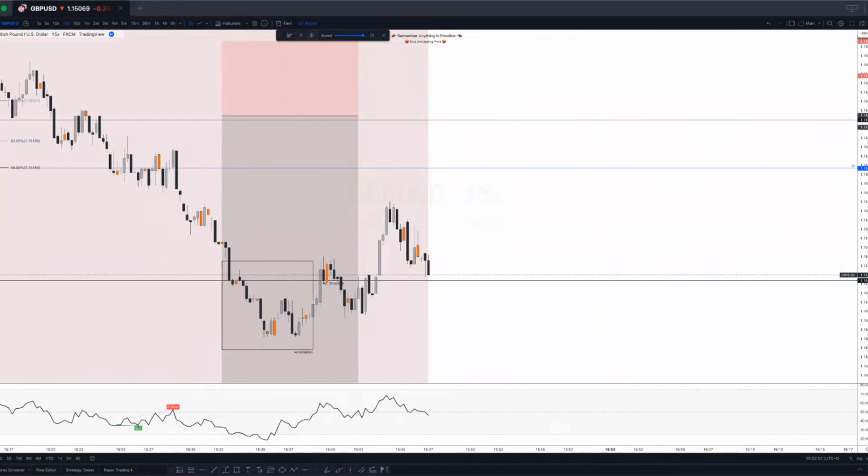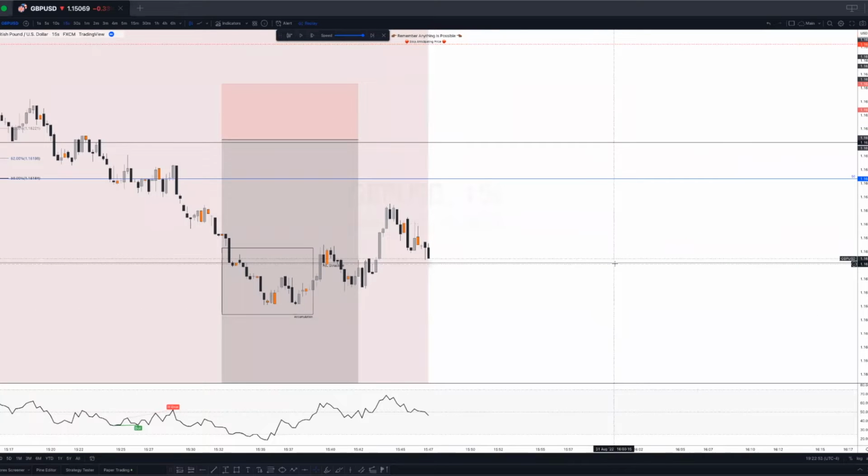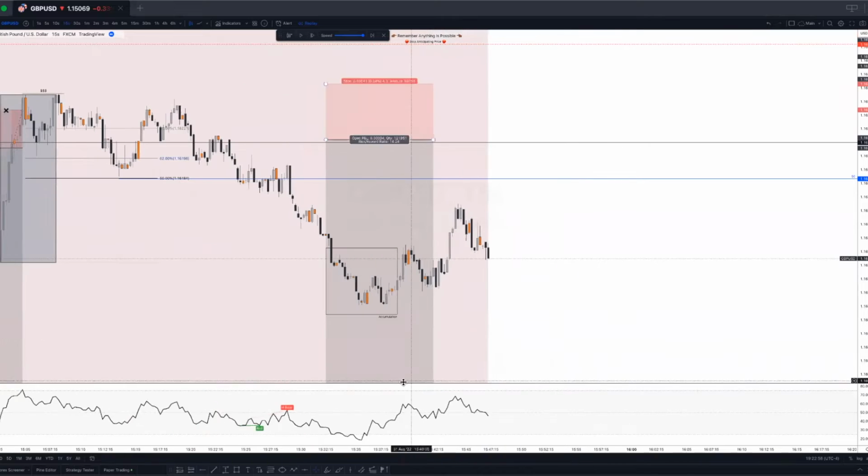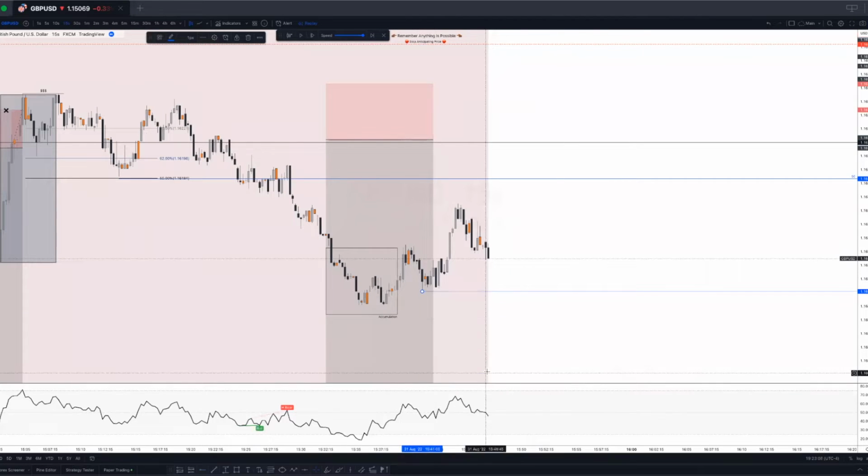So what do I see right now? This could turn into a failed accumulation into a reduced growth because I do see ice building up.